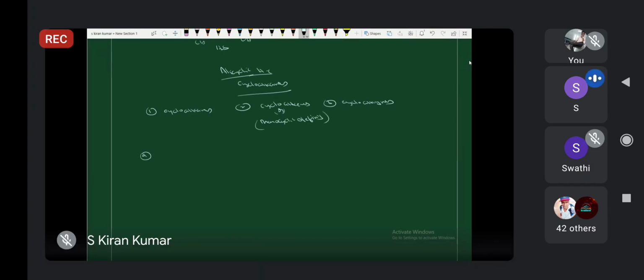Monocyclic acetylenes, both are same. Monocyclic aldehydes. Monocyclic ketones.